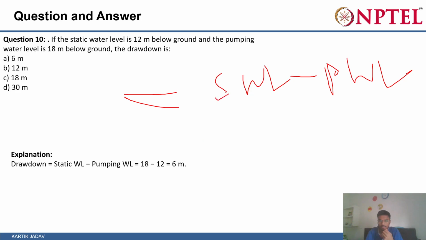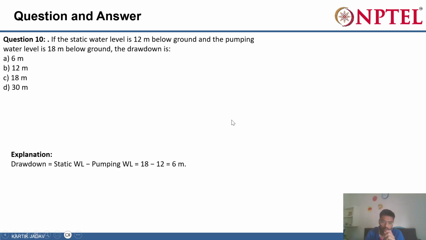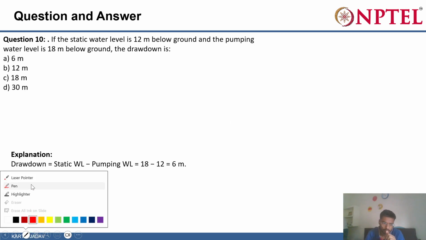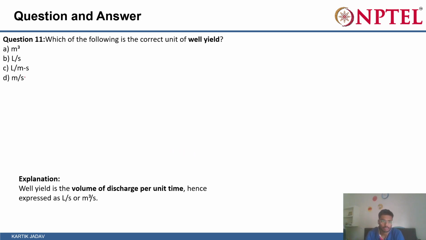Static water level is the water level before pumping, and pumping water level is the water level at the time of pumping or after pumping. The difference of both is known as drawdown. So 18 minus 12, drawdown is 6. Correct answer is option A.